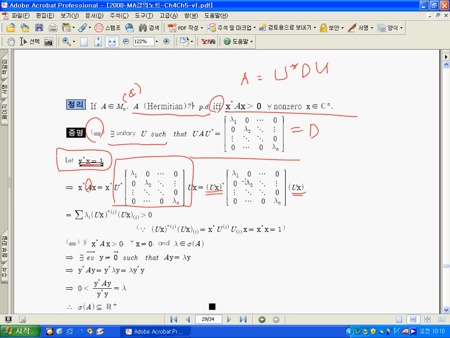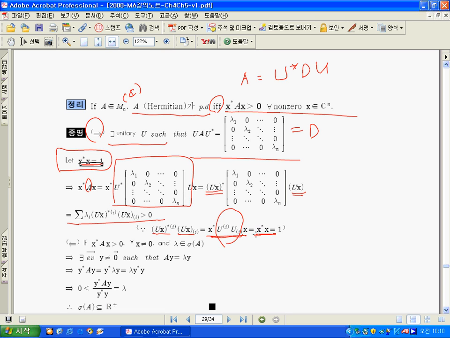And these are scalars, and these are vectors. So this just becomes the summation of lambda i's and the inner product of those two vectors. The important thing is here: the norm of those vectors can be written in this way, but U was a unitary matrix, so this is going to be 1.